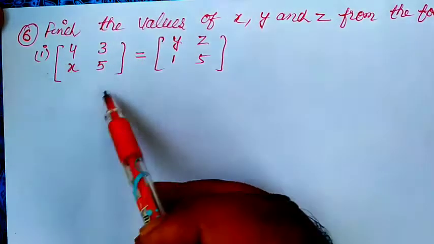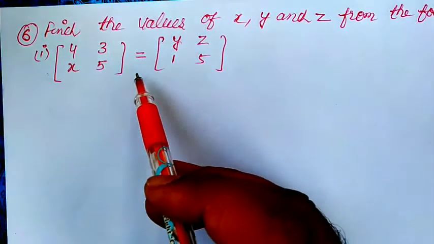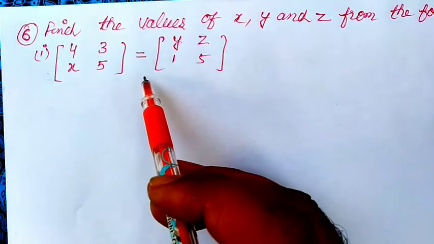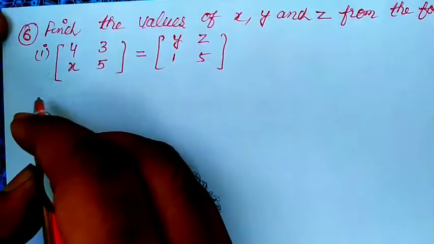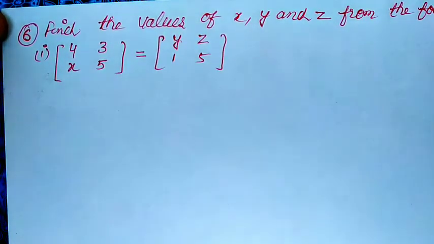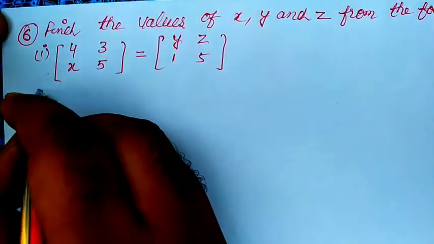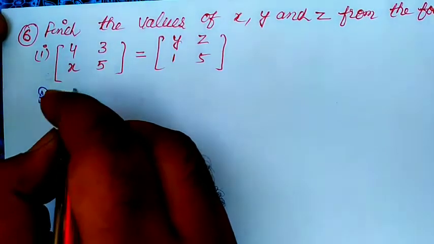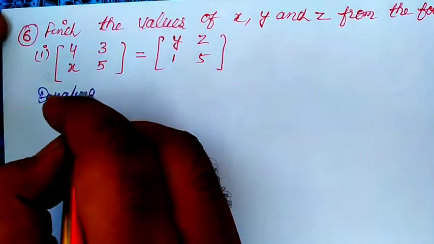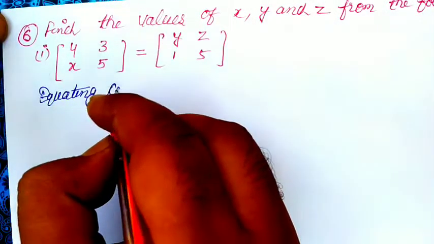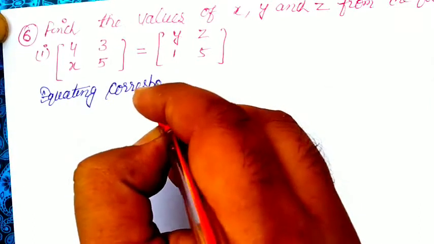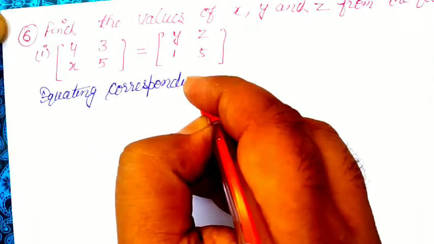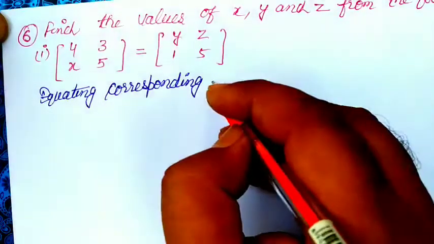If the matrices are equal and the orders are the same, we can take corresponding elements equal. So we write here, equating corresponding elements.